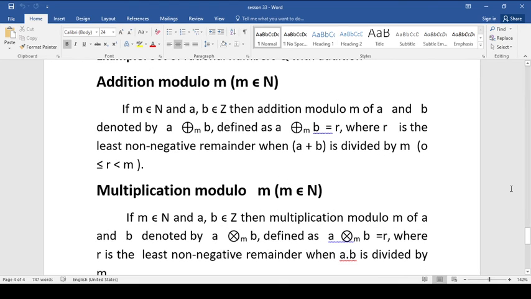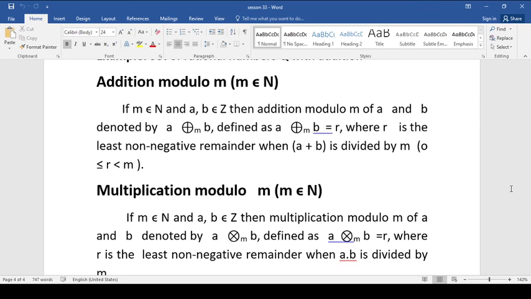Next we have the concept of addition modulo m, where m belongs to the set of natural numbers. If m belongs to N and a and b belong to the set of integers, then addition modulo m of a and b is denoted by a, with a plus sign in a circle with the suffix m, then b.